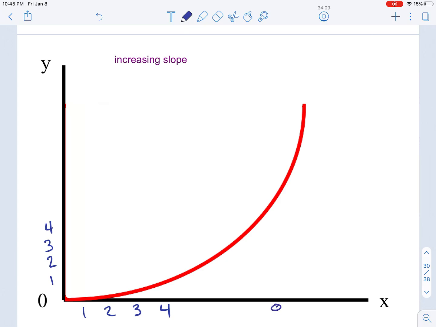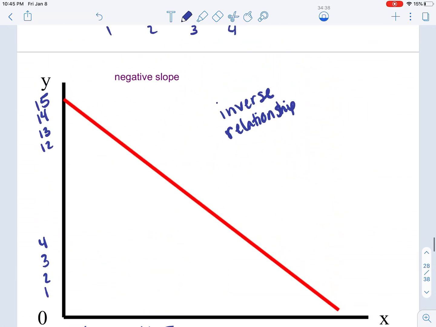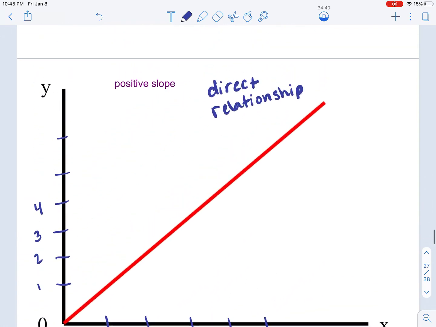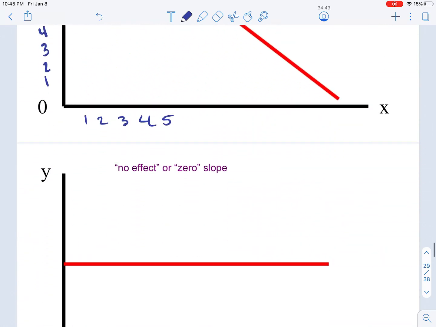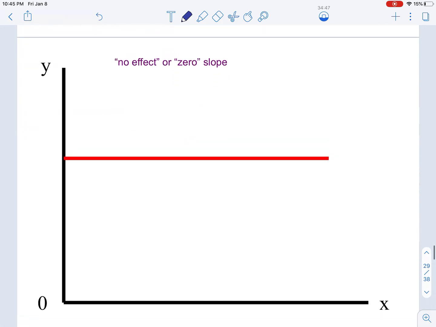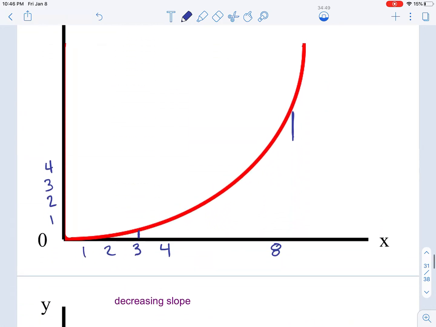But then as we get over here, the amount of change on the y-axis is going to be much larger than the amount of change that we would have seen here closer to a value of 1 or 2 on my x-axis. So this would be a positive relationship, and we would say here that my slope is increasing in value. Now, in the beginning, I just want you to be able to tell me that I have a constant negative slope, I have a constant positive slope, I have a slope value of 0 because there is no slope.